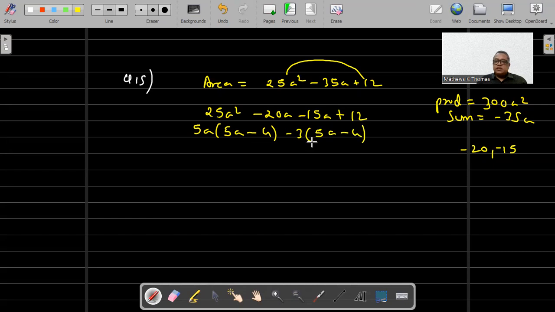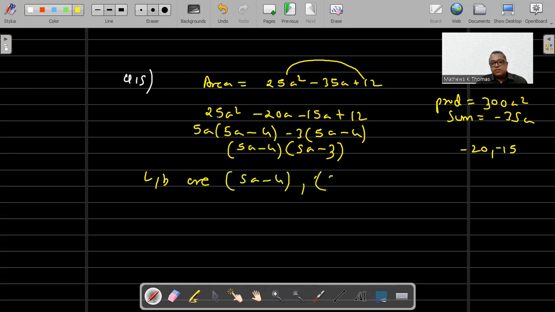So when we did factorization by splitting, we said that if the brackets are same, our factorization is right. So we are getting two factors, 5a minus 4 and 5a minus 3. One of them could be length, the other could be breadth. So length and breadth are 5a minus 4, comma 5a minus 3. Okay, this will be the result.